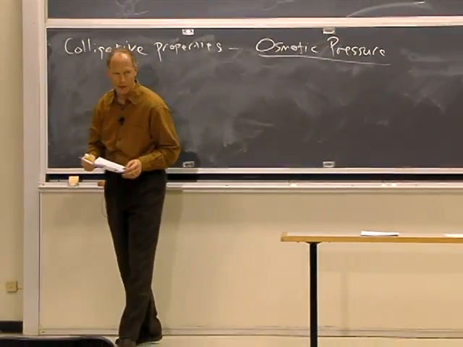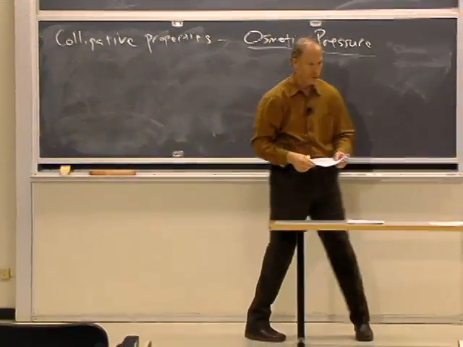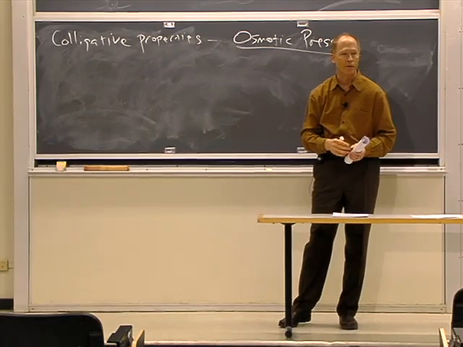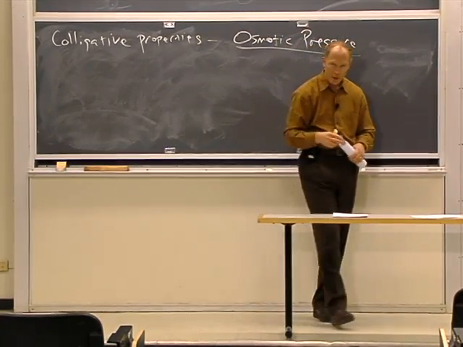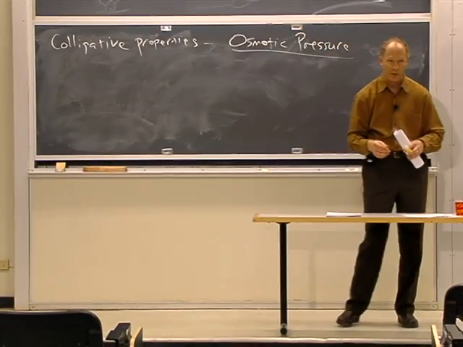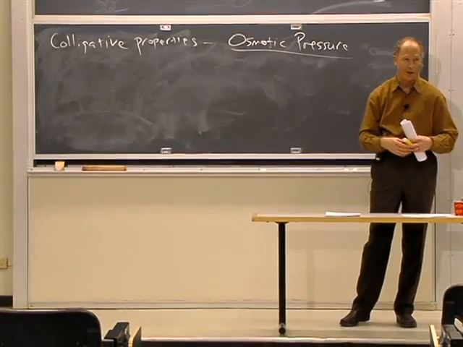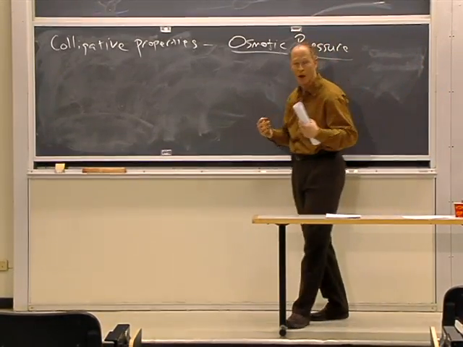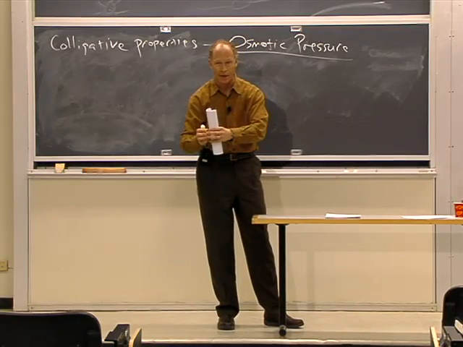And osmotic pressure plays a super important role, certainly in all of biology, because, of course, inside biological cells you have solutions. Water is in there along with a whole bunch of other components. And so the chemical potential of the water is strongly affected by all the other constituents. And this has profound effects on what's involved in maintaining an equilibrium between what goes on inside and outside of the cell.